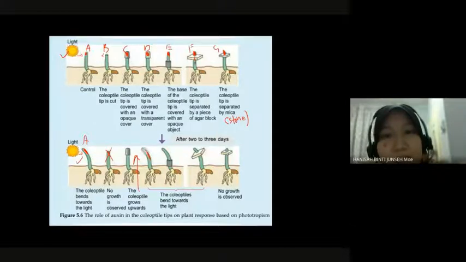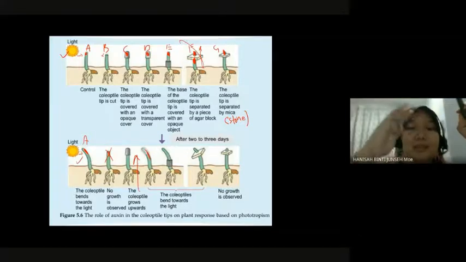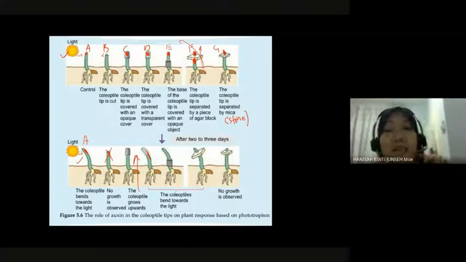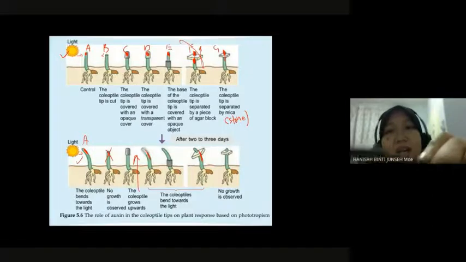Then yang sebelah bahagian bawah ni, it will receive auxin. That is why the cell can elongate. Bila elongate, dia akan towards the bending. Kenapa dia bend? Sebab dia ada shady area sini. Okay, shady area ni.